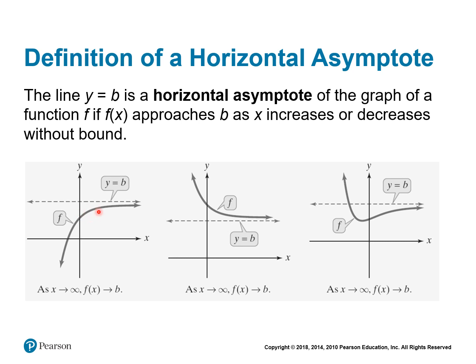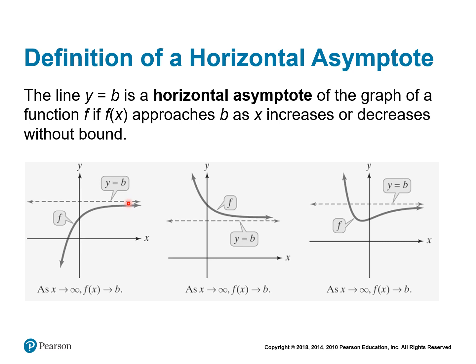So what we see in these three separate graphs is that we have the graph approaching the horizontal line. It approaches the horizontal line as it goes further and further to the right. As x values increase, it's heading towards y equals b, towards this dashed line.